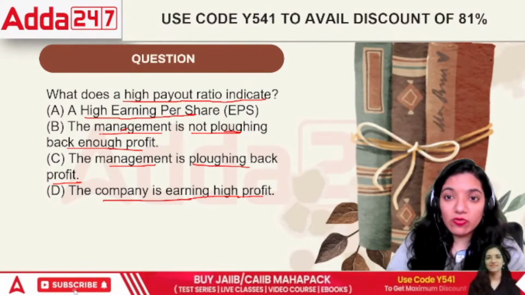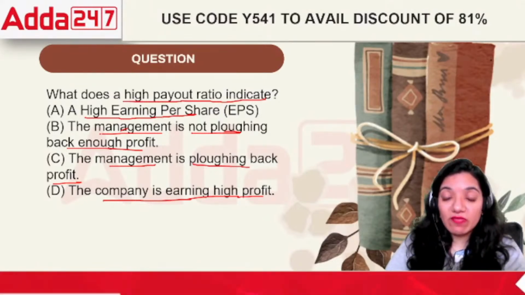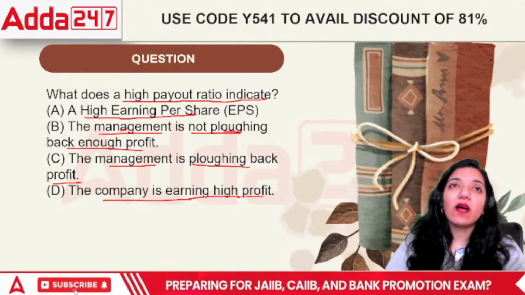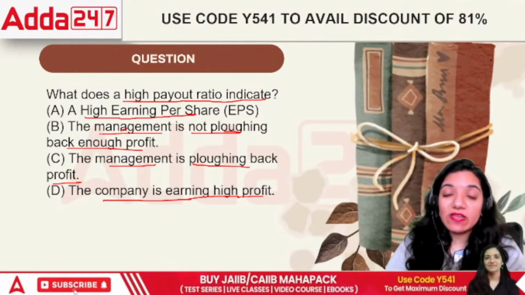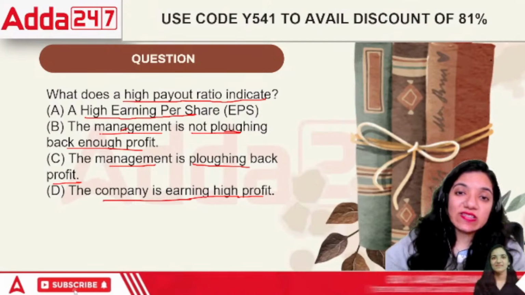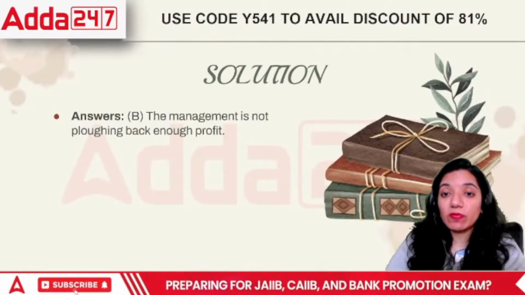They might be earning good, number one. Then there can be a situation where the organization is giving all the money to the people as dividend. So the correct answer would be that the management is not plowing back profits.